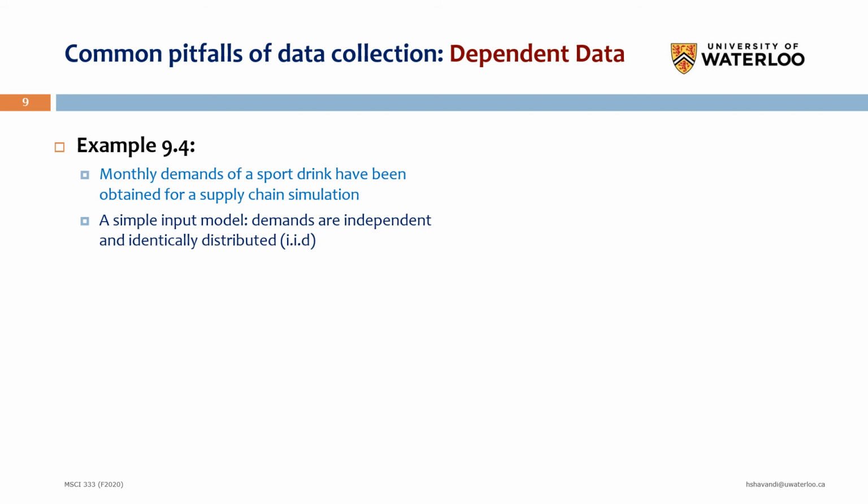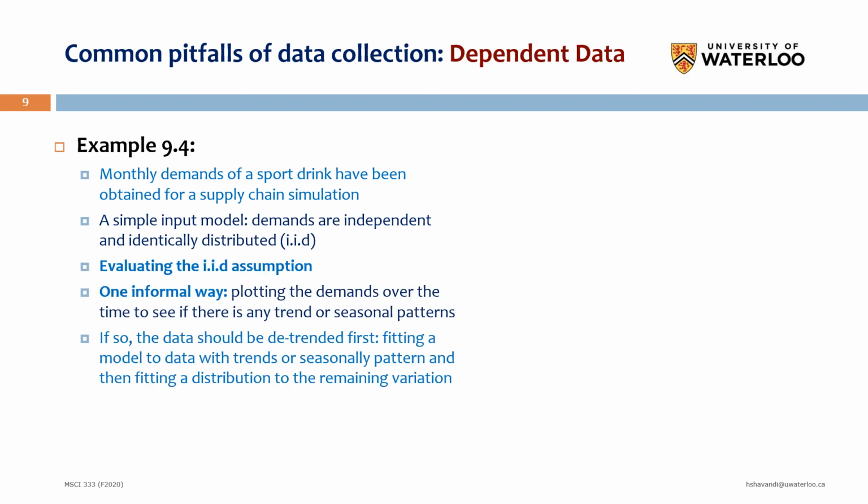Let's see if these assumptions are valid on our dataset. One informal way is plotting the demands over time to see if there is any trend or seasonal pattern. Okay, so it's somewhat of a visual investigation, right?